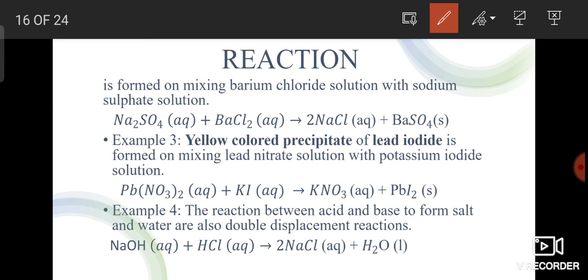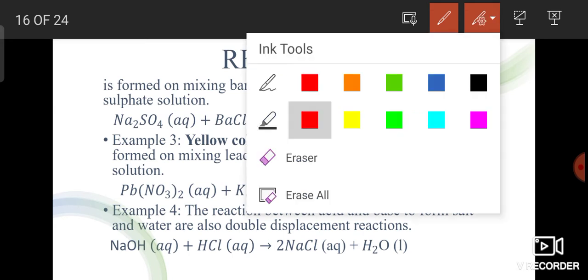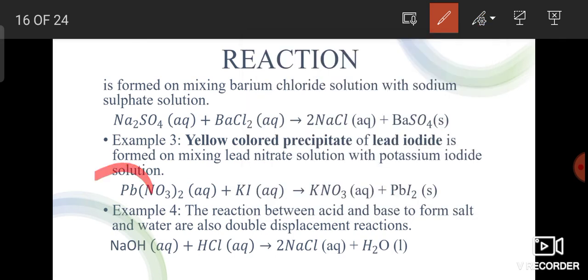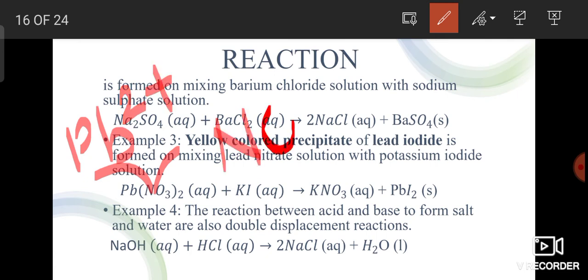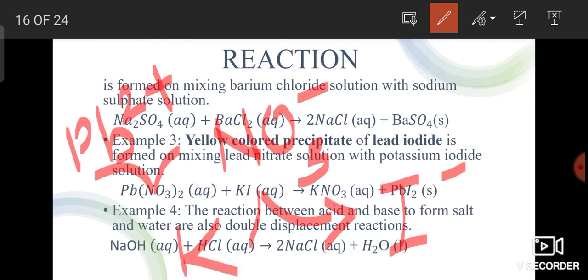So what happens is that the ions which are produced over here from lead nitrate are lead ion, which is Pb2+, and nitrate ion, which is NO3-. And from potassium iodide what we are getting is iodide ion, I-, and potassium ion, which is K+.